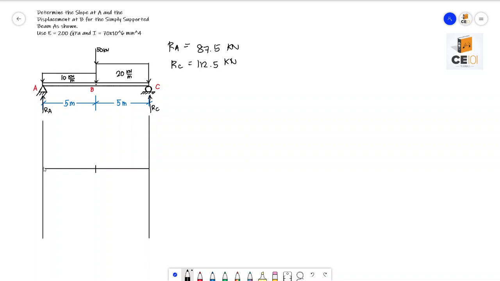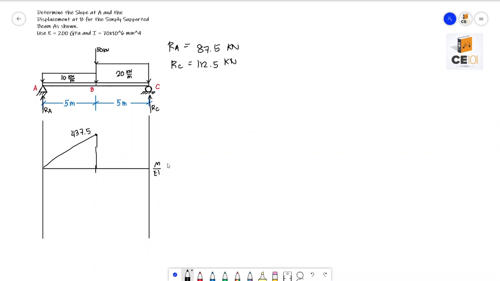So pag gagawin natin yon, so RA muna. Ano yung RA natin? 87.5. So yan na natin, project natin. 87.5 times 5, so makukuha natin is 437.5. So ito pala is M over EI diagram.